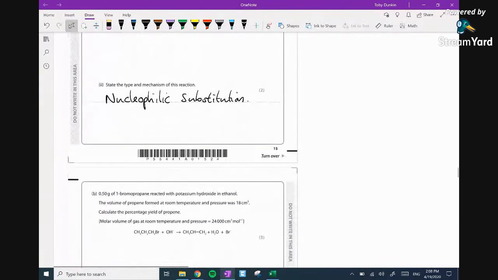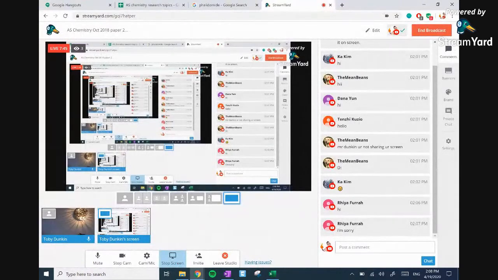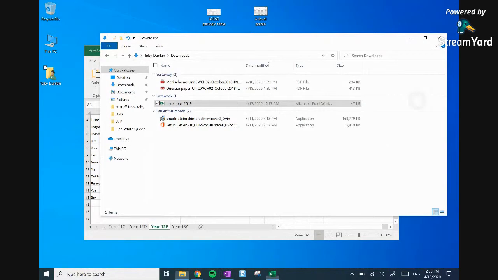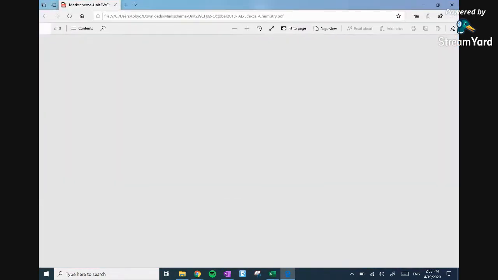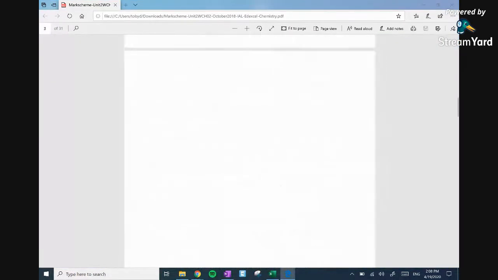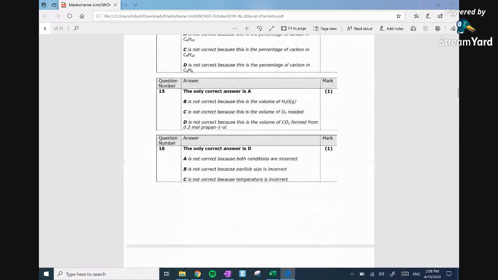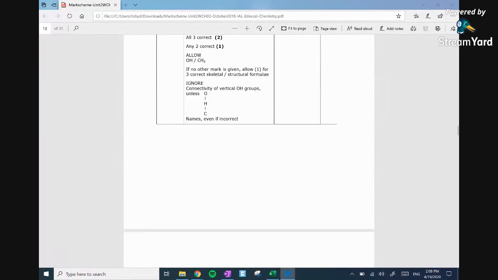I do want to check that mark scheme, though, immediately. I don't even know where I'd go about finding it, to be fair. Let's have a quick look. I don't have a PDF reader, apparently. It will be nucleophilic sub. There's no other option it could be, really.